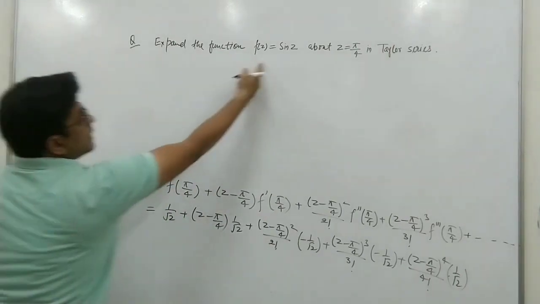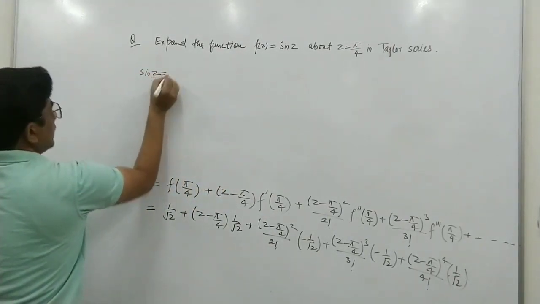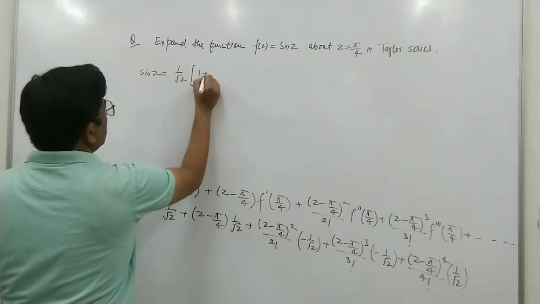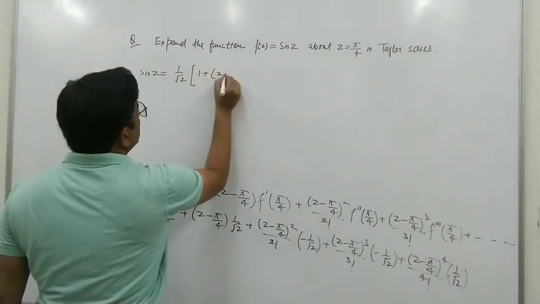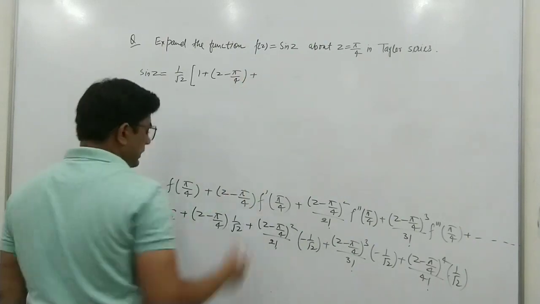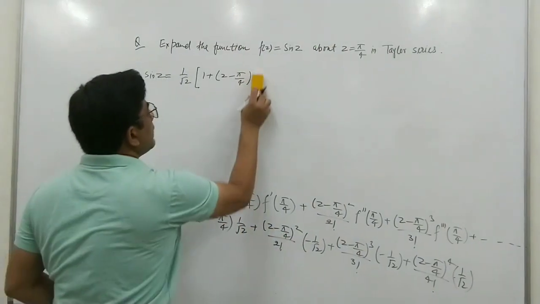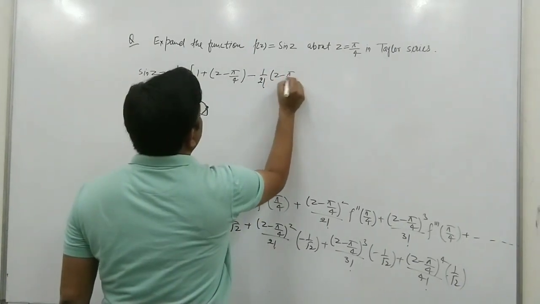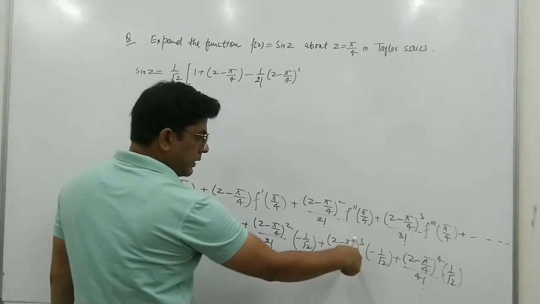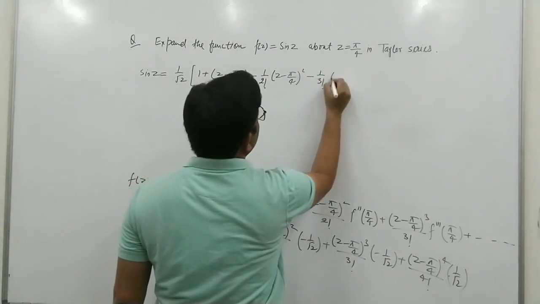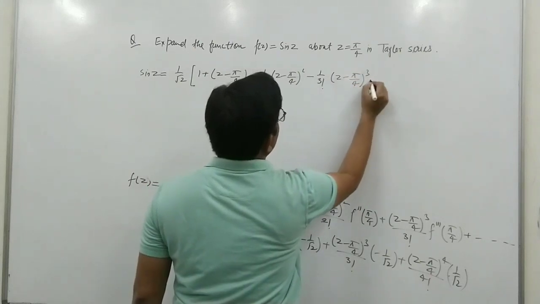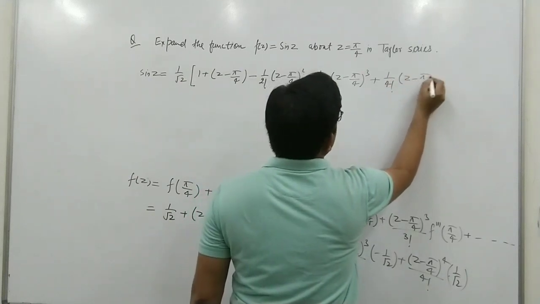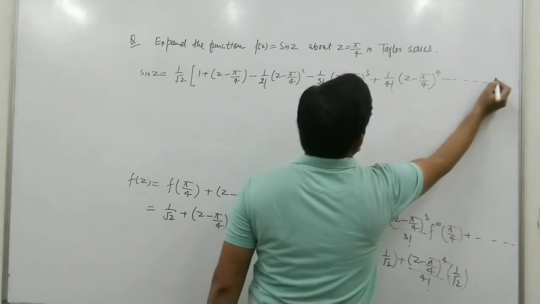So f(z), which is sin z, is equal to 1 by root 2 times [1 plus (z minus pi by 4), minus 1 upon 2 factorial (z minus pi by 4) squared, and the next term is again negative, minus 1 upon 3 factorial (z minus pi by 4) cubed, and the next term is positive, 1 upon 4 factorial (z minus pi by 4) to the power 4, and so on].